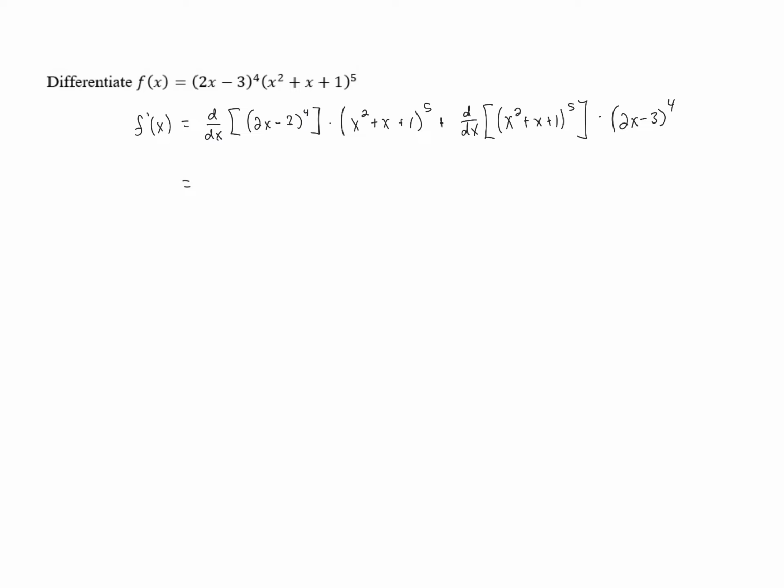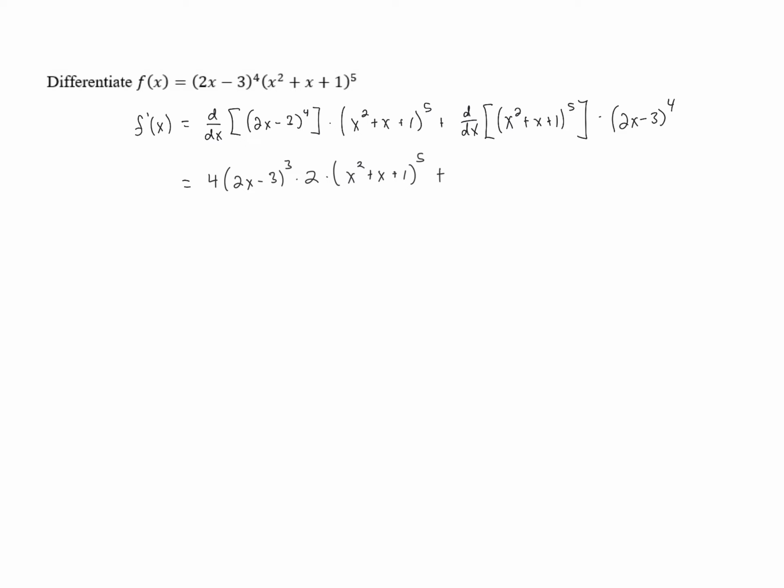The derivative of u to the fourth is 4 times u cubed, or 4 times (2x minus 3) cubed, times the derivative of the inside. The derivative of 2x minus 3 is just 2. And then that is multiplied by (x squared plus x plus 1) all to the fifth.